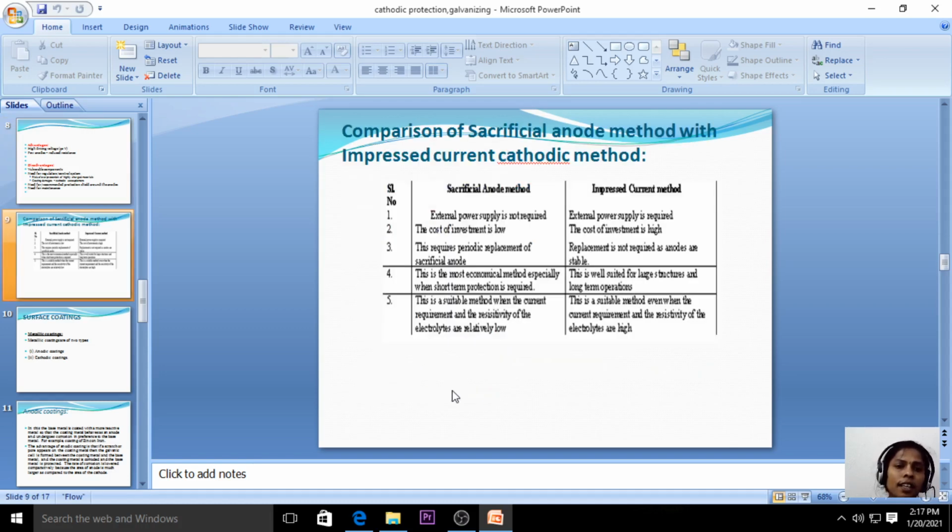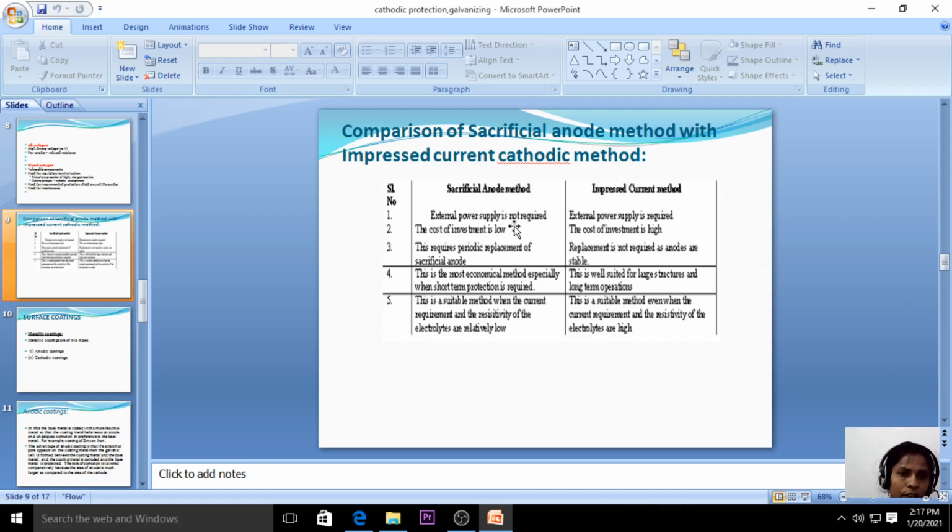So now let us see the differences between sacrificial anodic protection and impressed current cathodic protection. An external power supply is not required in sacrificial anodic protection, whereas in impressed current cathodic protection we supply power externally, so an external power supply is required.